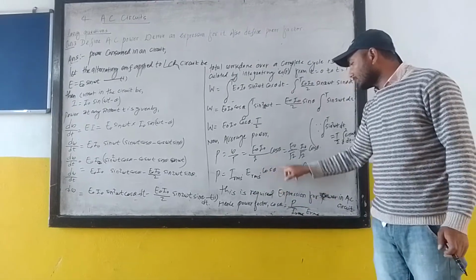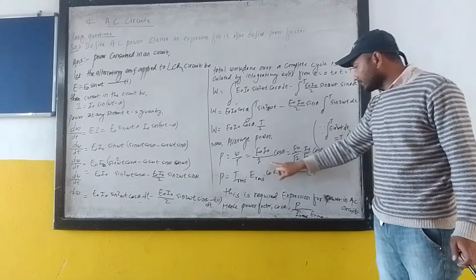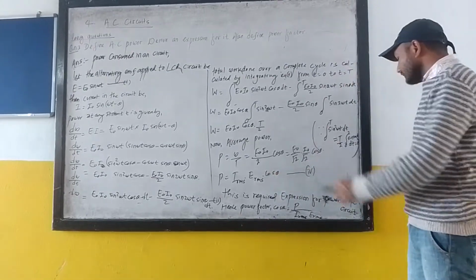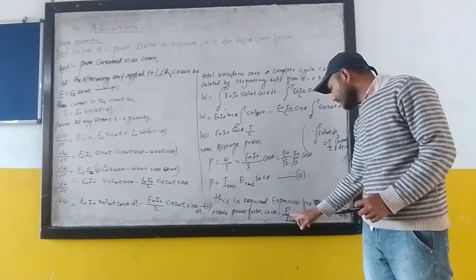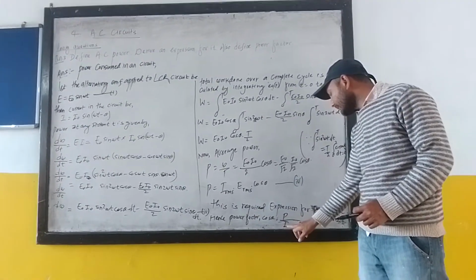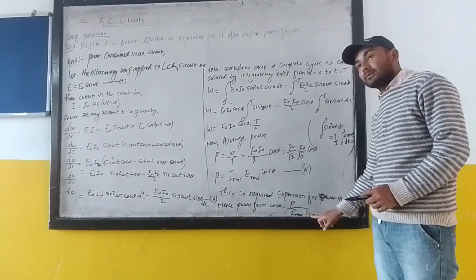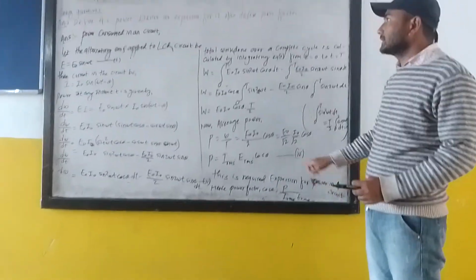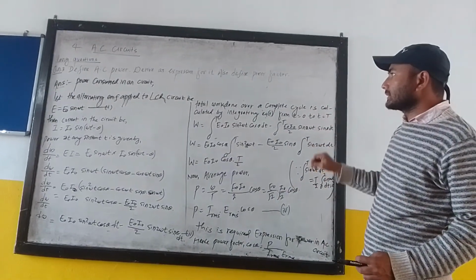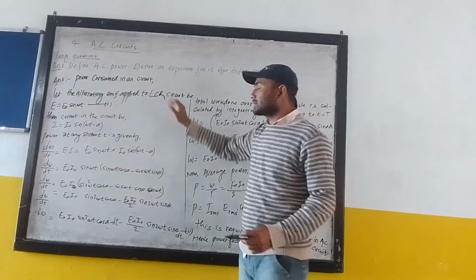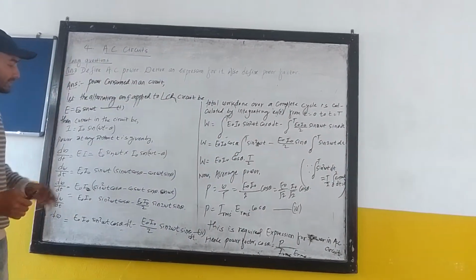Our aim is to know the power factor of a circuit, so we keep cos θ on the left hand side, and then cos θ would be P, the power of a circuit, divided by RMS current in a circuit into EMF in a circuit. This way we can calculate the power factor in the LCR circuit, the circuit which has inductor, capacitor and resistance.